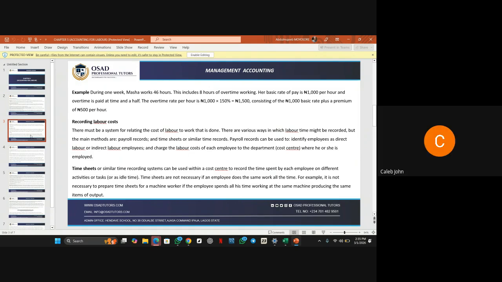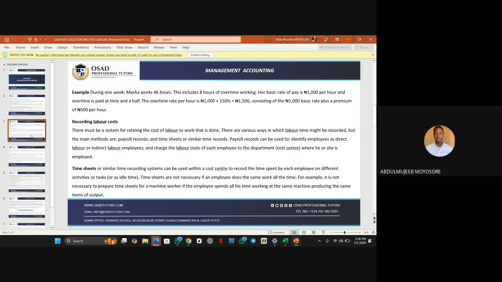So now, how many hours of overtime did she work? 8 hours. Times how much did they pay her for overtime? 1.5. That will give you 12,000.